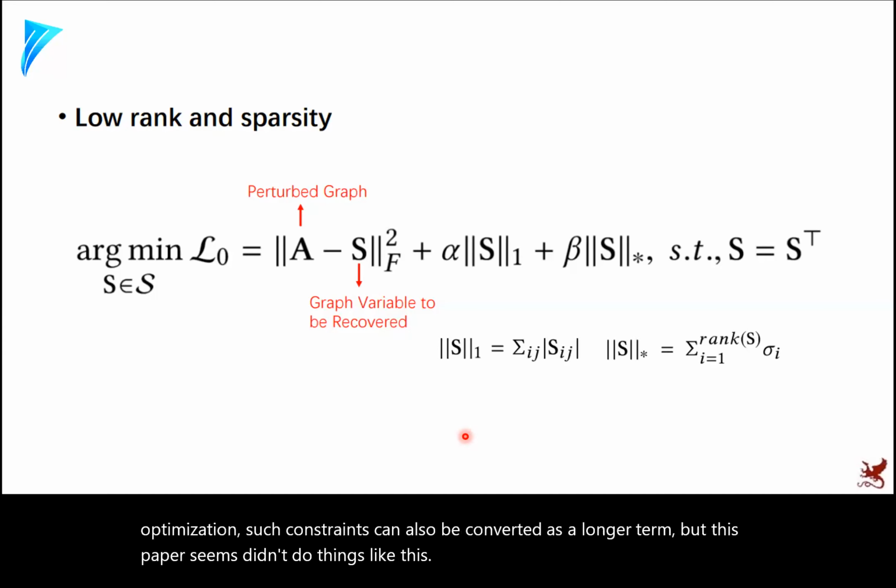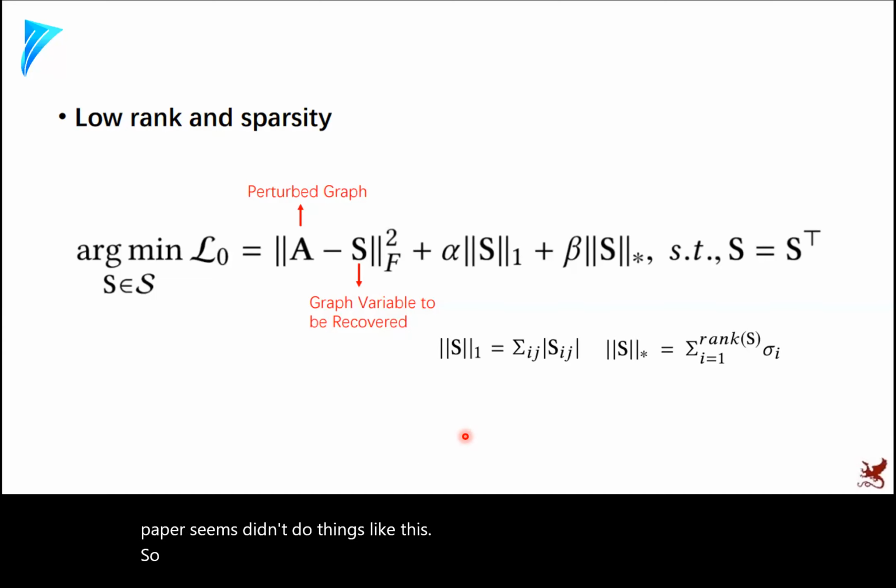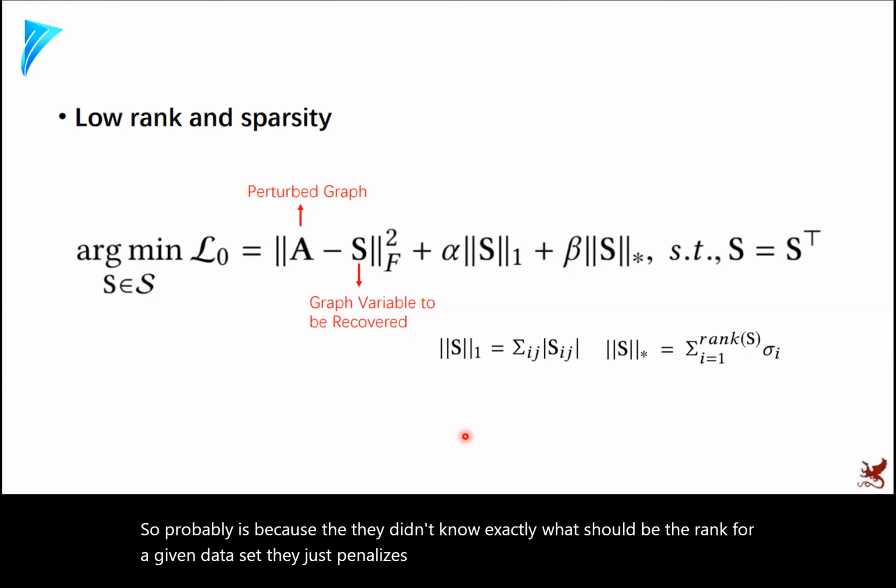I see. So probably it's because they didn't know exactly what the rank should be for a given data set. They just penalize it to not be too large.